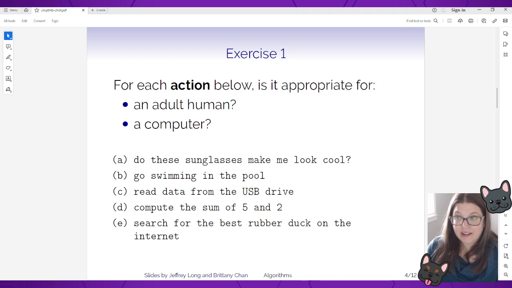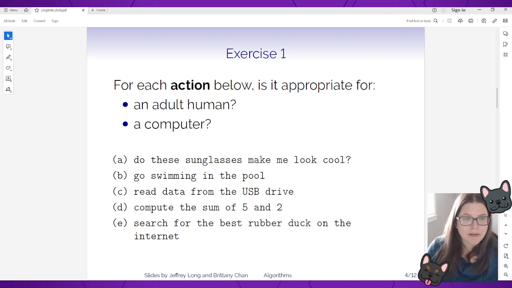The computer, on the other hand, yeah, they are probably going to be able to handle that. You plug it in, it automatically does all of that stuff for us already. So probably reasonable for a computer, unreasonable for a human, unless we want to clarify that you need to use the computer to do this task, which maybe we would need a little bit more information on, and we'll get into that in the next chapter.